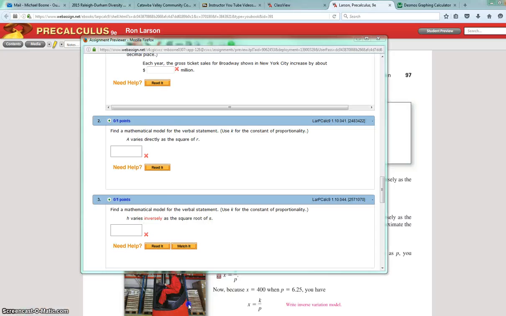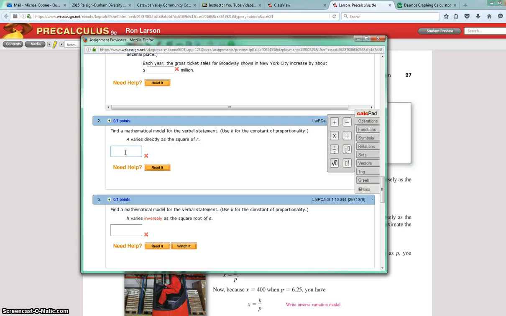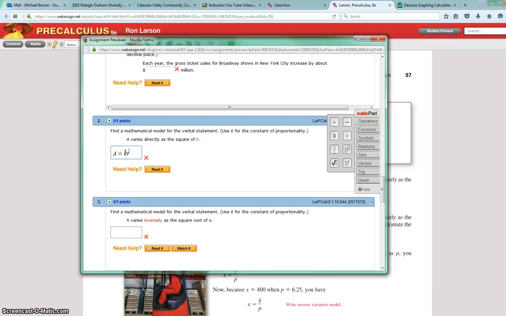So when you're doing your homework, it may ask you, A varies directly as the square of r. Well, make sure you capitalize things: A equals k, if there's some constant that affects it, times r squared. And that would be a way that we could do this problem. Again, be very careful with your capitalization or not.